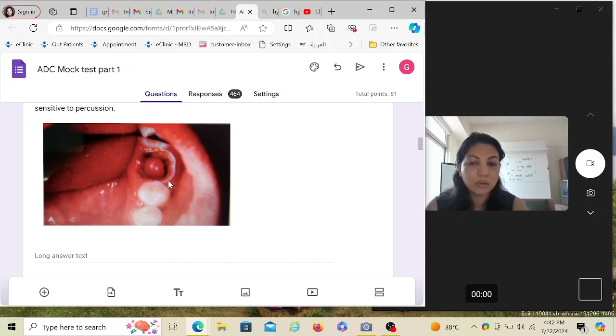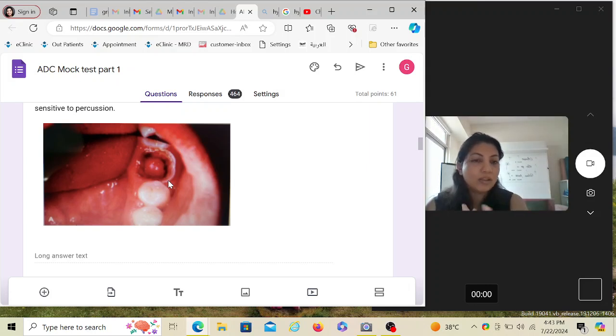So if the crown cannot be saved, then what is the point of doing a root canal? I know you might say you can do post and core, but this is too damaged. The crown would not just be stabilized on exclusive post and core. There has to be some tooth structure left. In this particular tooth, it is not a good option to do root canal.